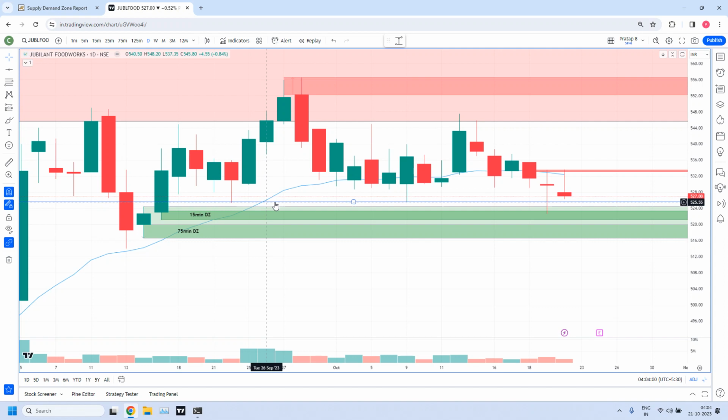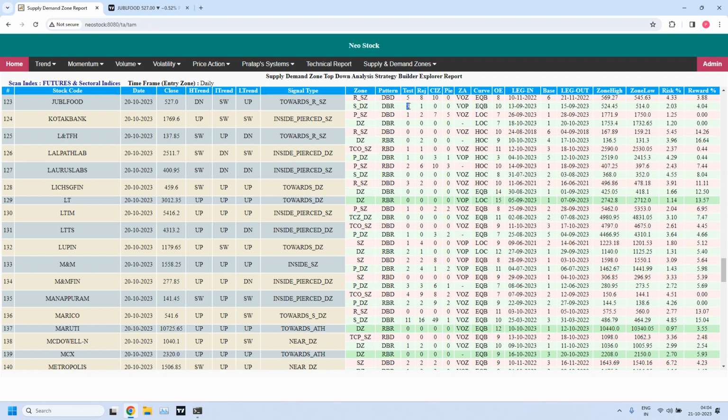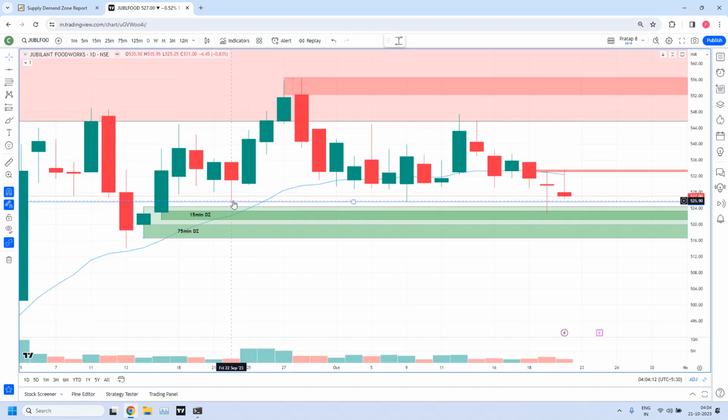Now, NeoStock software is assuming the blue color line, whatever I have drawn, is the entry. That's why it changed the test count, because it hit the blue color. So it considers this the entry. But this line is not fixed, because this line is a variable line.